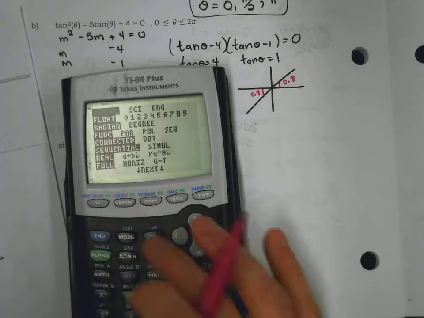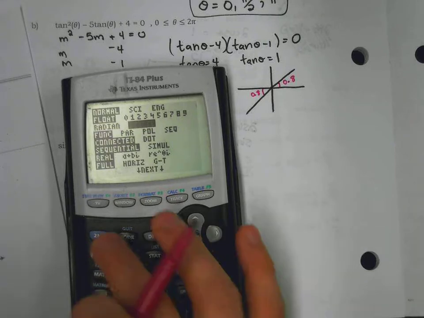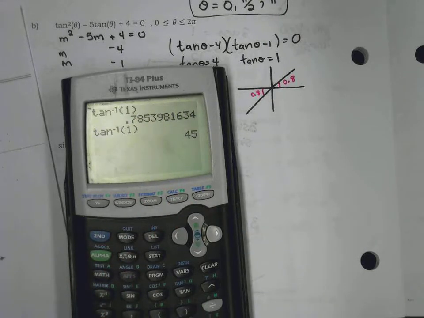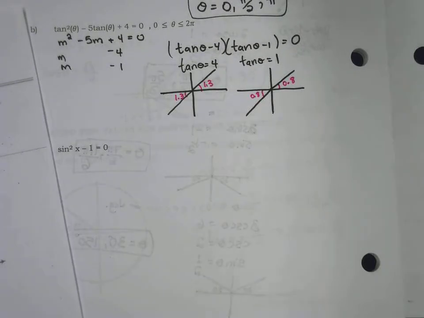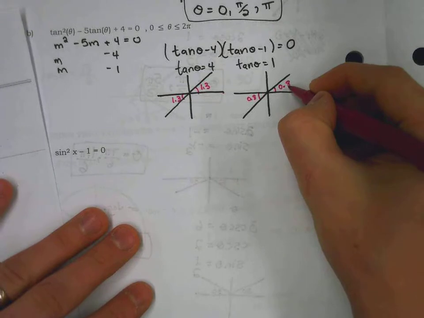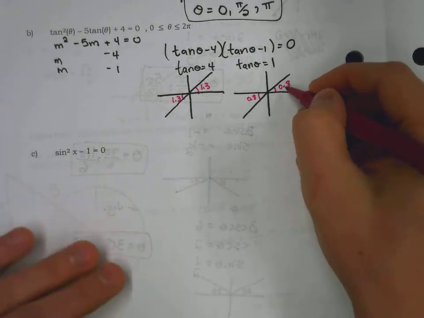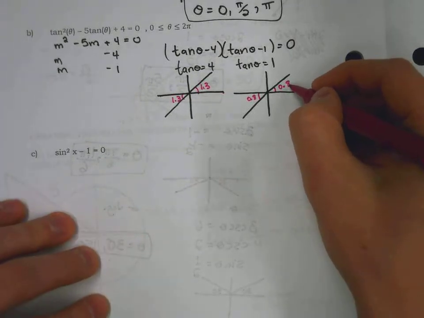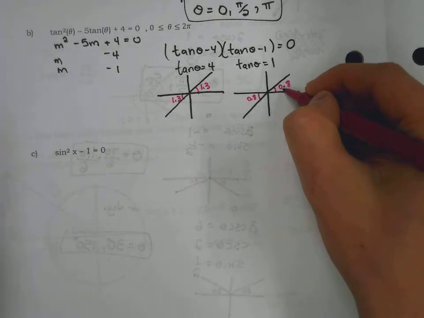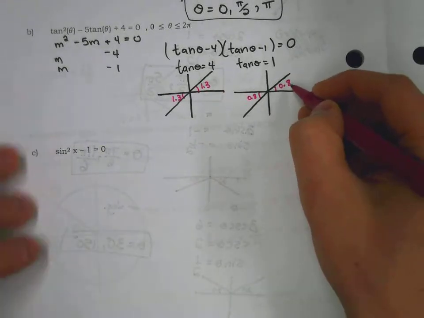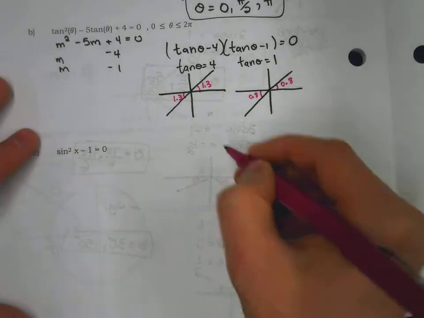In degree mode, it would give us 45 degrees. Now 45 degrees could maybe be written instead as pi over 4. So if you were not quite comfortable, you might have been writing 0.8. If you're quite skilled, you would say pi over 4.